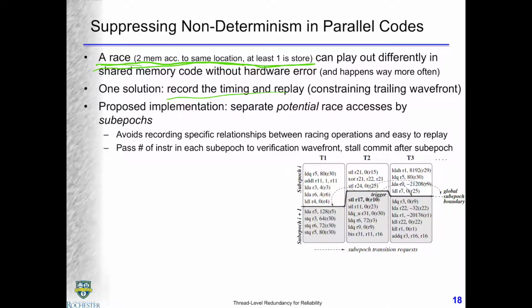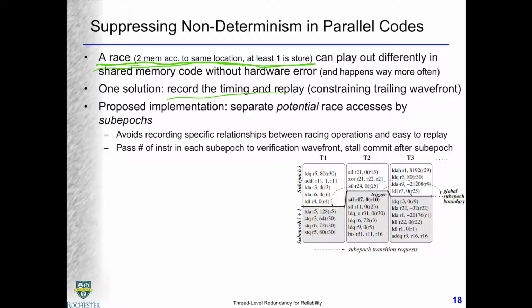Maybe the first 35 belong to sub-epoch 1, the next 35 or 200 to sub-epoch 2. That's what we want to do, because then how do we record order? We simply pass on this vector that says the first sub-epoch has this many instructions, the next has that many instructions. We pass this on to the verification wavefront.